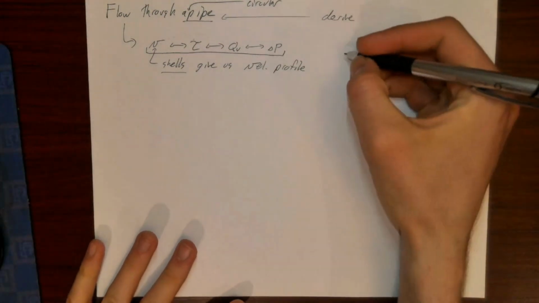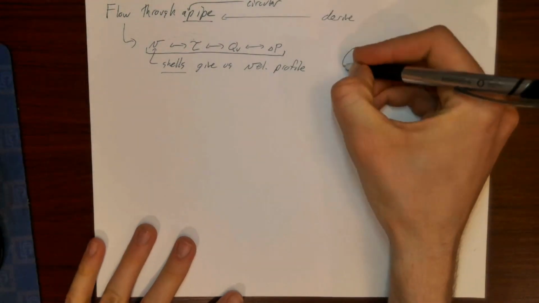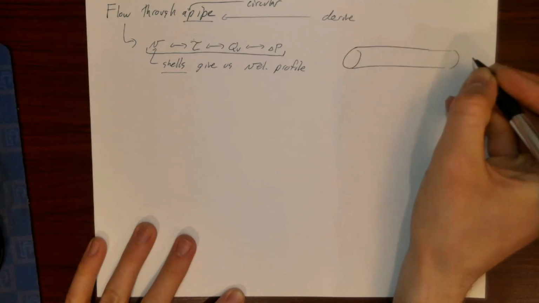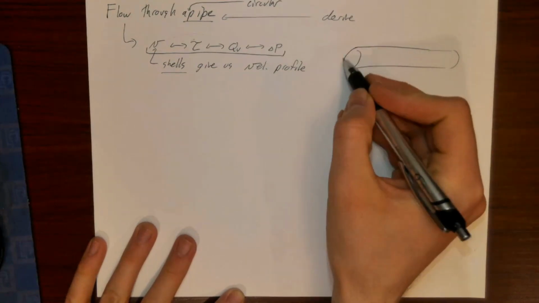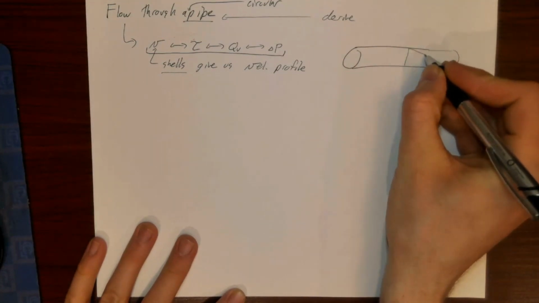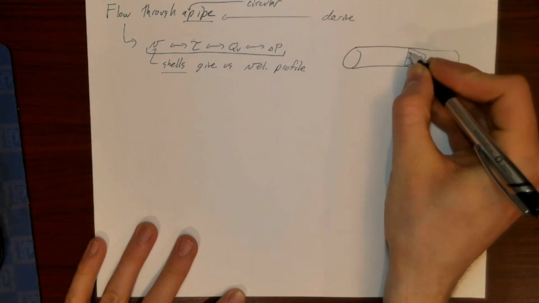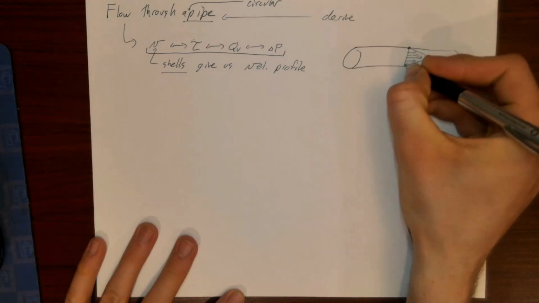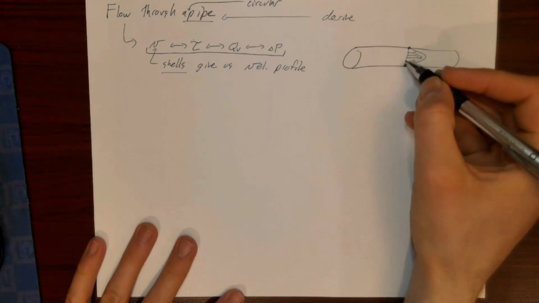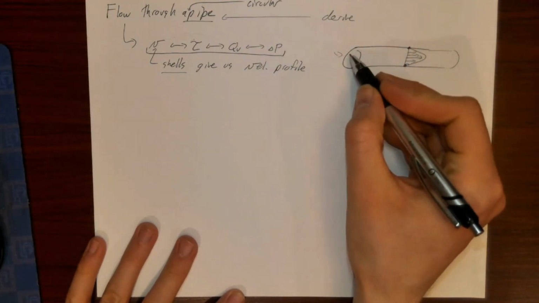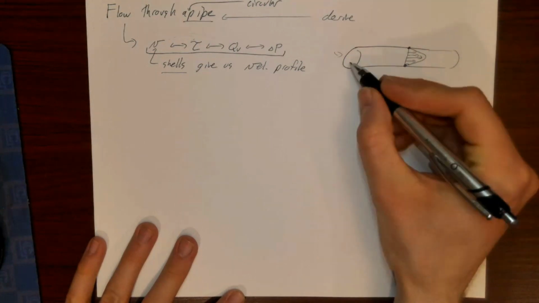Just to look ahead at where we're going, we have some circular pipe in a region that's not too close to the entrance of that pipe. We know we're going to get a velocity profile that will look something like this, where right at the edge of the pipe, the fluid immediately adjacent to the wall isn't moving, but we have some pressure pushing on one side of the fluid harder than the other.